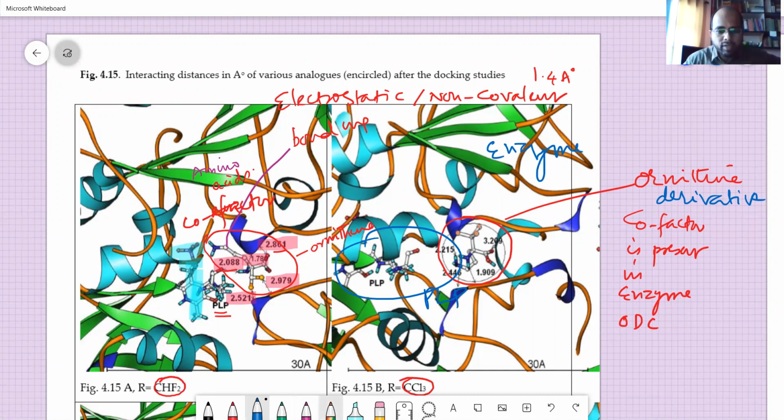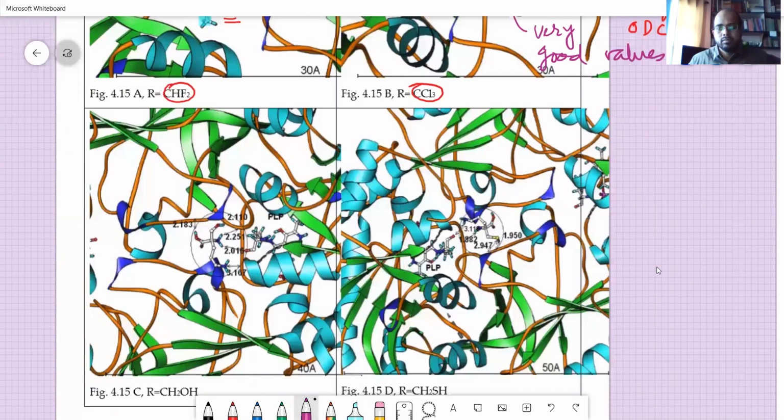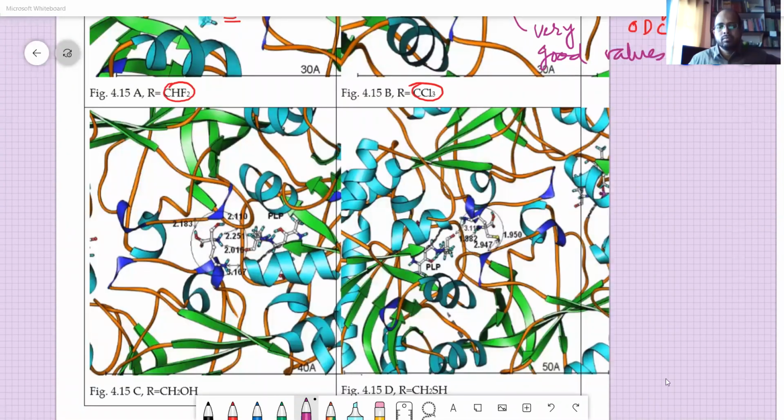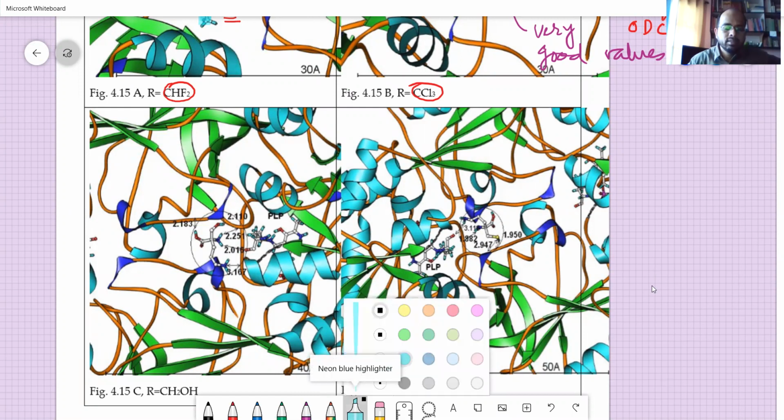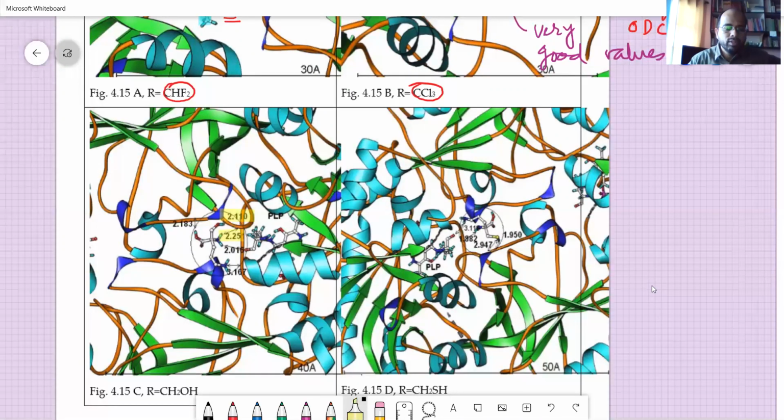So I am getting very good values there, 1.9, 3.29, 2.15, very good values. Likewise, you can see what has happened here. 2.110, 2.25, 2.0, everything.